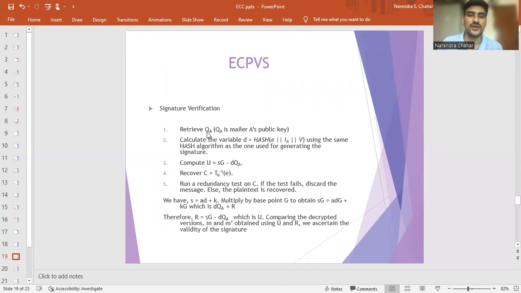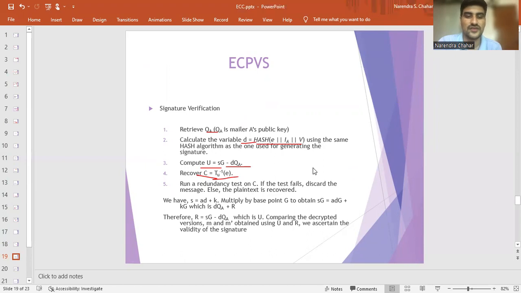We retrieve Q_A, which is the mailer A's public key, and then we calculate d using the same scheme, and then we compute U, and then recover the message and run a redundancy test on it. If this test fails, we discard the message, or otherwise the plain text is recovered here.